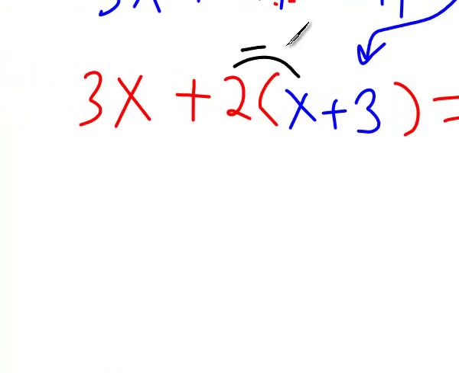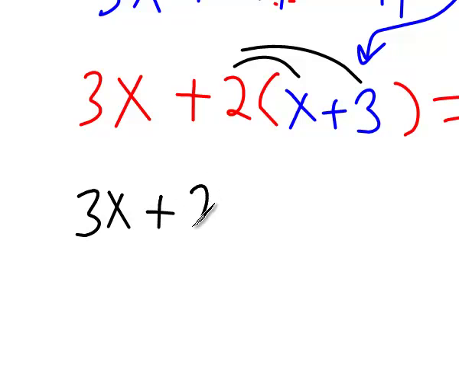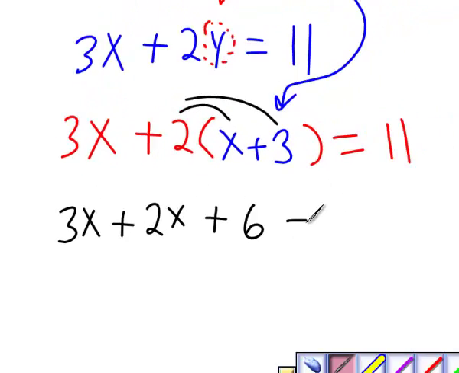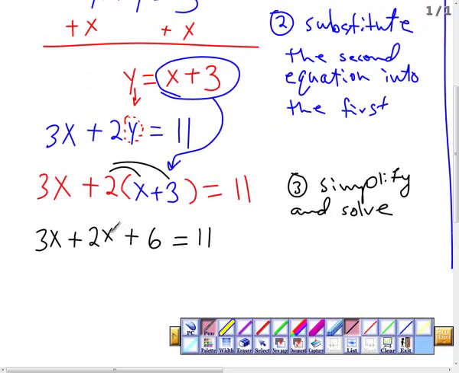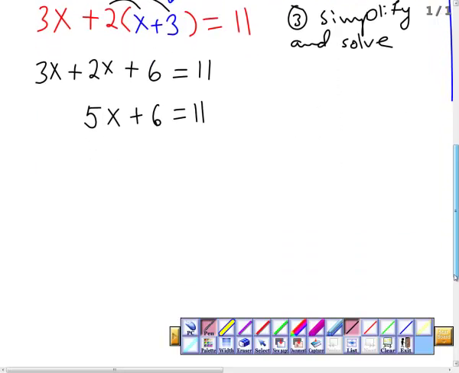So we would distribute that 2, and there would be 3x plus 2x plus 2 times 3 would be 6, equals 11. And now we would simplify and solve from here. So 3x and 2x, that would be 5x plus 6 equals 11. And we just keep right on going.